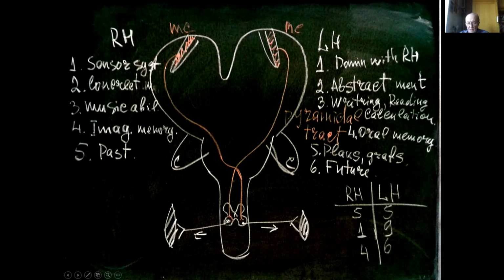What are these persons with the domination of the left hemisphere? These are mathematicians, physicists, chemists, and painters, singers, writers, artists, and so on.